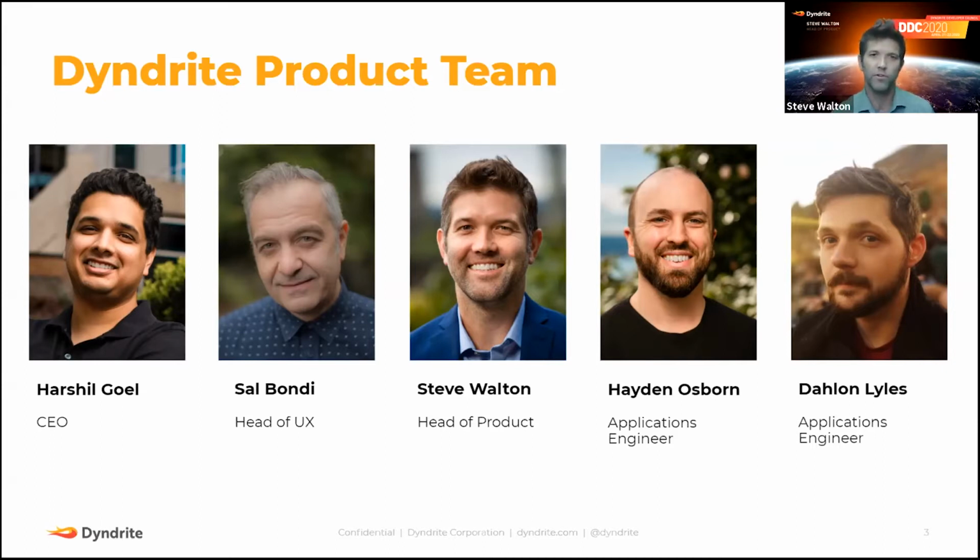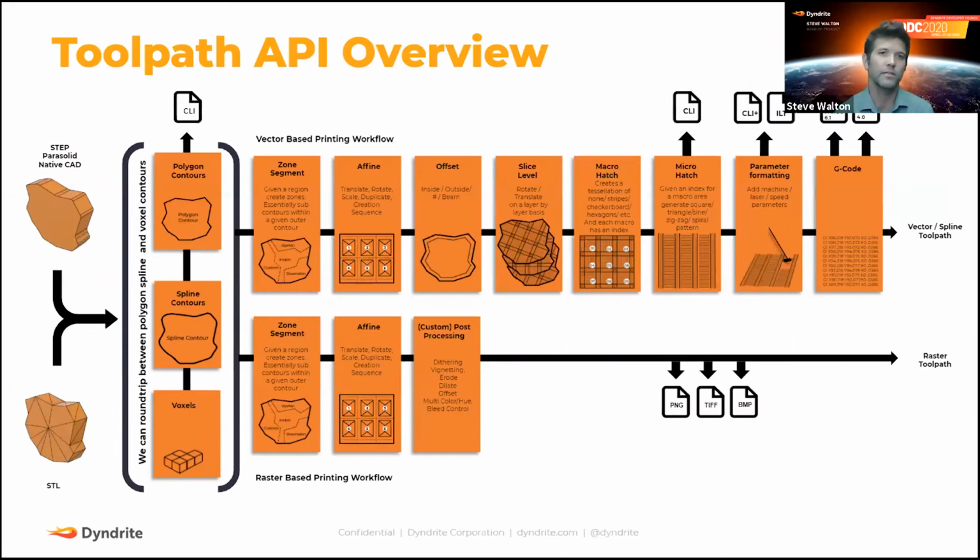So I'm going to give an overview of the Dyndrite Toolpath API and also the additive manufacturing toolkit. The toolkit actually is able to import and operate with native CAD files in addition to the traditional STL workflow. We position, modify, support, and then slice the geometry. This can be done with polygon contours, spline contours, or voxel contours.